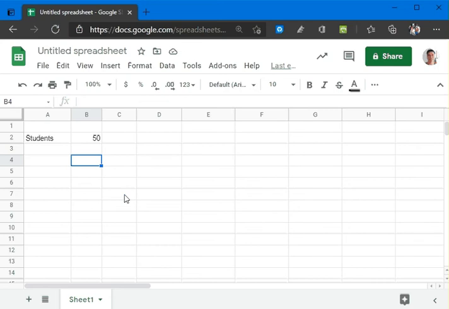Let's say, for example, it's 70. Okay, the average of the exam, and then later we computed the standard deviation. For example, the standard deviation is 10.